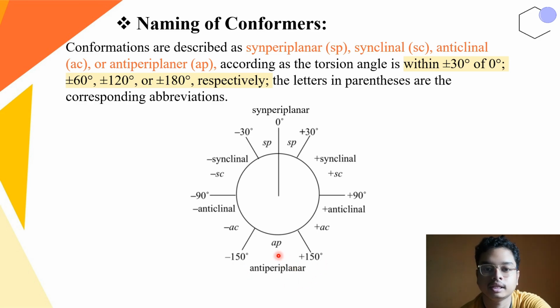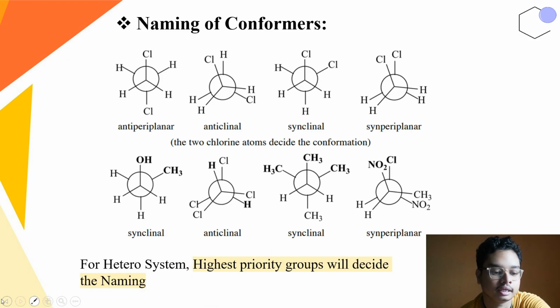Now how to determine the naming? Basically, in the conformers there are two carbon centers present. In this carbon center the highest priority group, and in the adjacent carbon center the highest priority group, their relative position will determine the naming of the conformer.